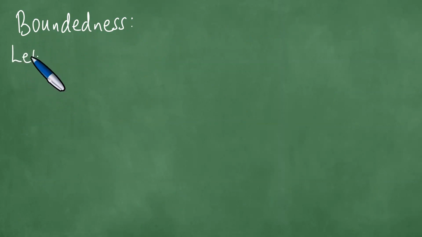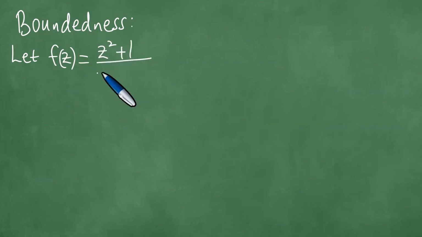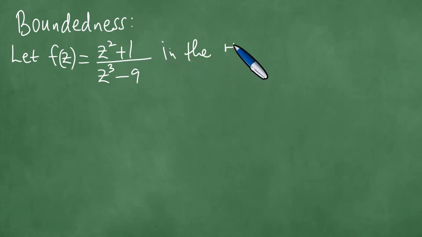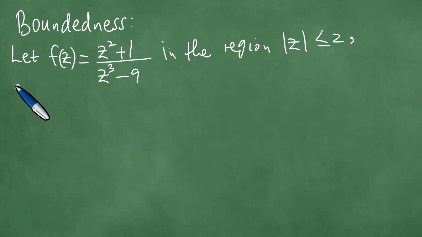Let f of z be z squared plus 1 divided by z cubed minus 9 in the region, so that you can take the modulus.